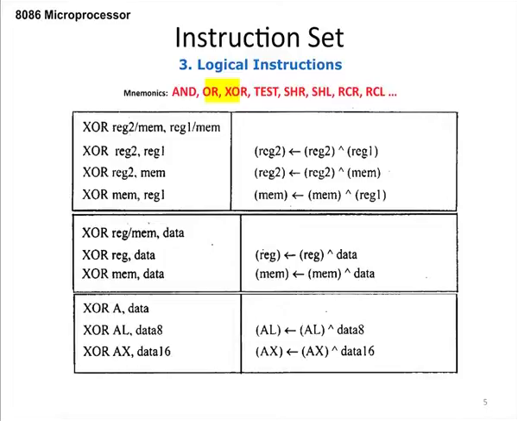Similarly, we have XOR register 2, memory, XOR memory, register 1, XOR register, data, XOR memory, data, XOR AL, 8-bit data and XOR AX, 16-bit data. All these instructions are the same as in the case of ANDing and ORing.